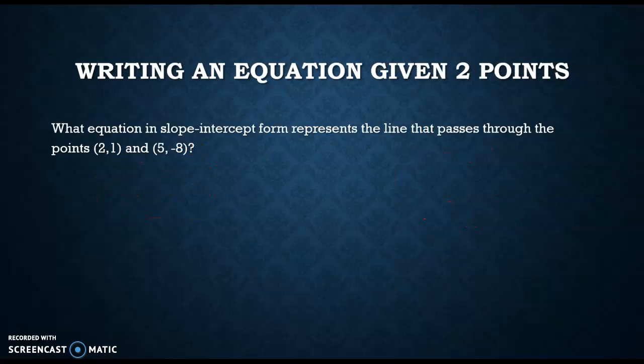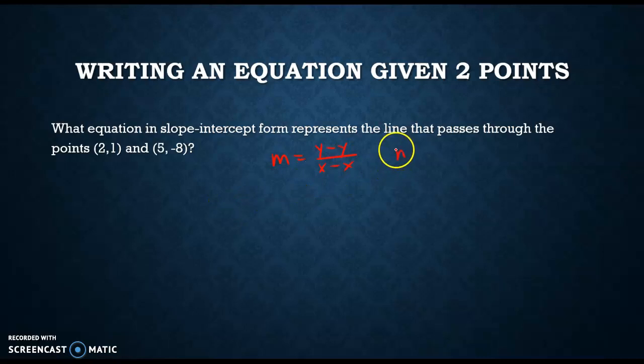All right, and writing the equation given 2 points. So again, I still need slope and our y-intercept. Now the y-intercept part is going to be the part that's the hardest. So first I'm going to start on this one, finding slope. Remember that m is y minus y over x minus x.